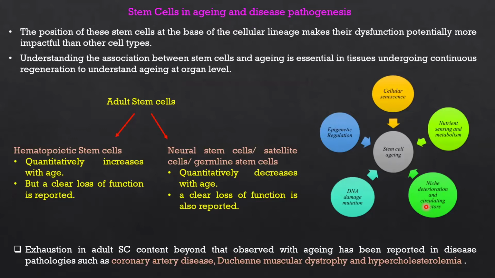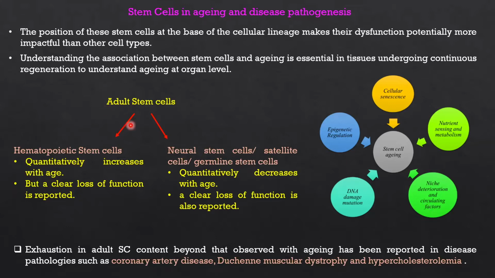They maintain tissue homeostasis by repairing or looking after what's happening at the time of disease pathogenesis or any mechanical damage. So they are the base. Understanding the association between stem cells and aging, as well as stem cells and disease pathogenesis, is of utmost use in current medicine.